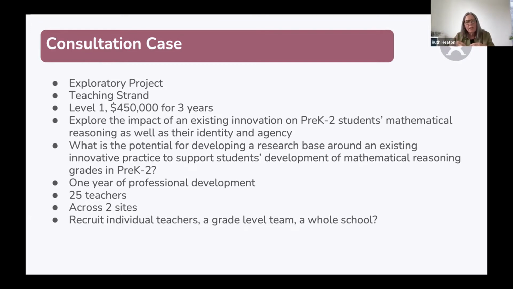What they're doing is trying to understand the potential of an existing innovation in the field of math ed that's used widely, but really lacks a research base. They're trying to explore the potential for developing a research base around this existing innovation and understand the degree to which it can support both mathematical reasoning and students' identity and agency.